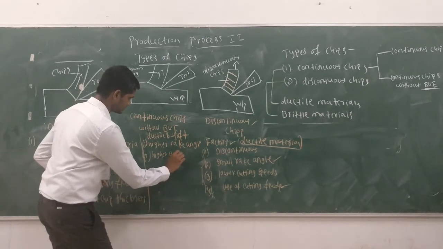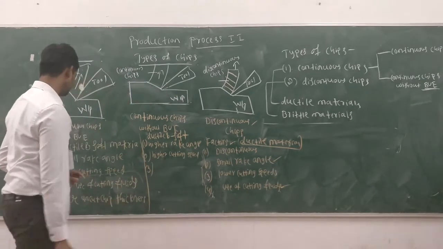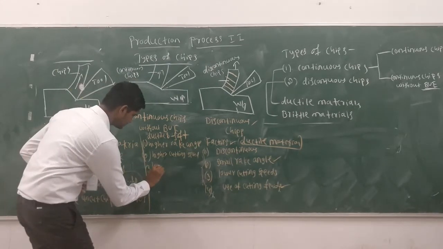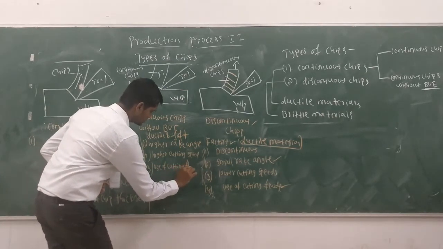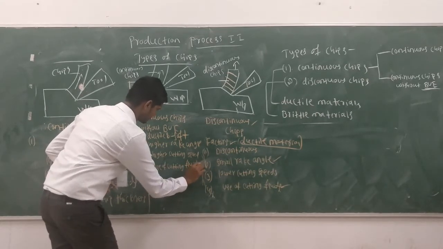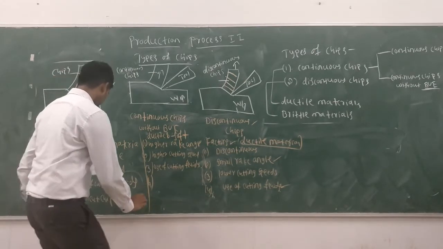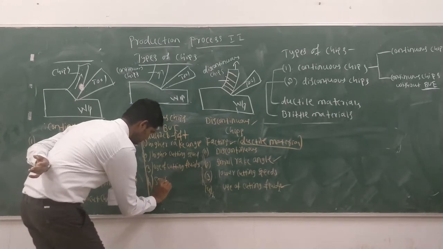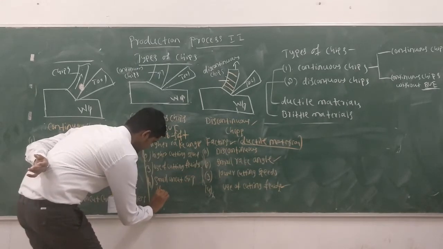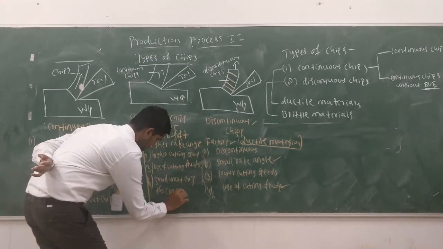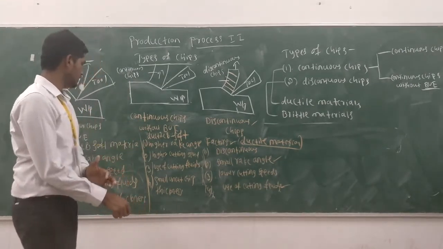Third one, use of cutting fluids. And fourth one, small uncut chip thickness. These are all the factors for the formation of continuous chips without the built-up edge.